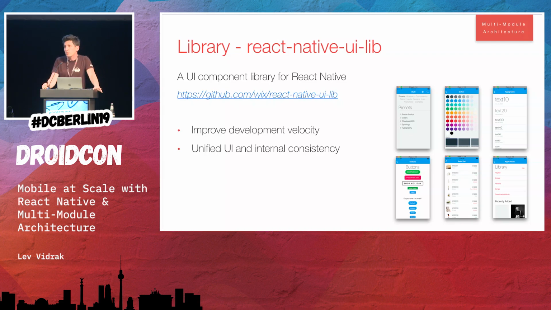And in that way, we are improving the development velocity because the other teams don't need to deal with building the UI components. And we avoid the situation where we have lots of different buttons in our applications. So the internal consistency of the application is preserved.